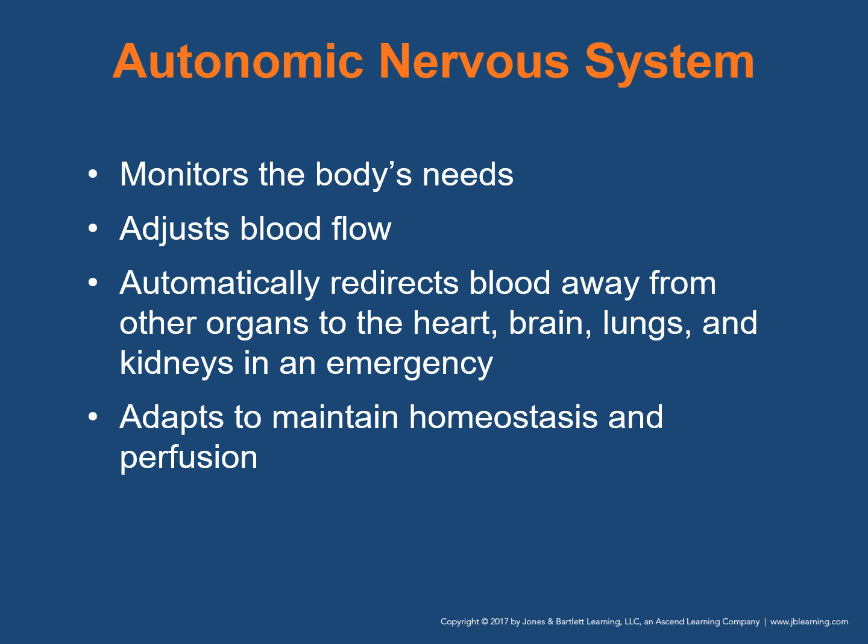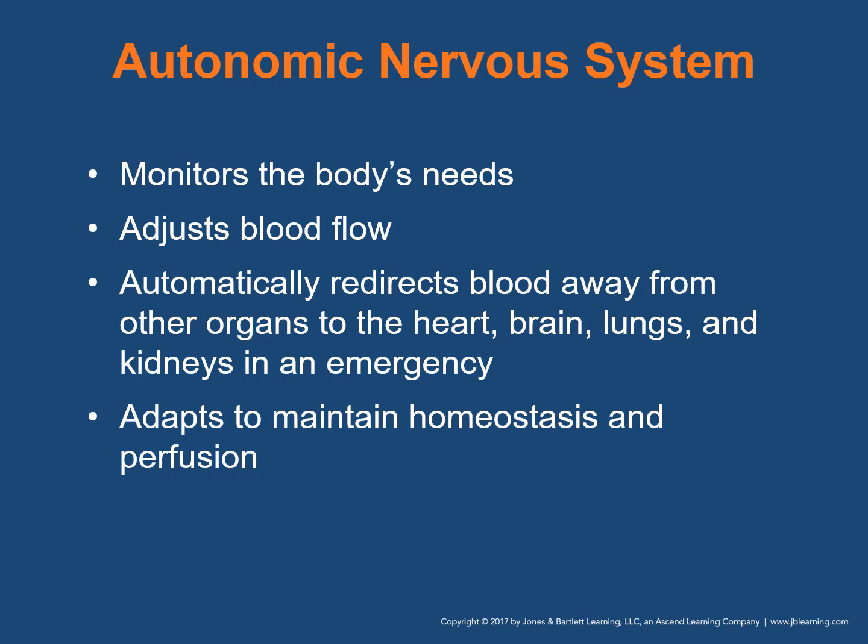So if I have a bleed, and there is the potential for poor oxygenation, my body will redirect blood away from other organs, or even other cells. So I may not get the best blood flow to my fingers or my toes because my autonomic nervous system is recognizing that the heart, brain, lungs, and kidneys need support.